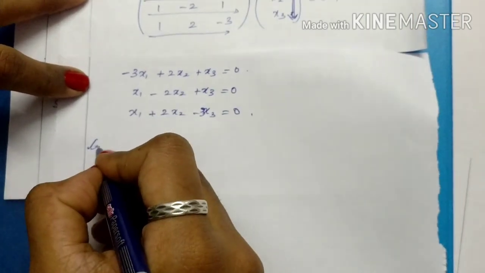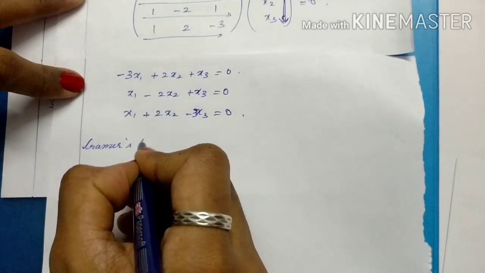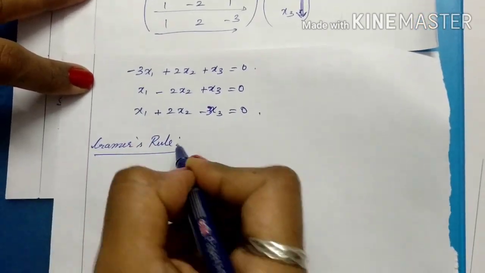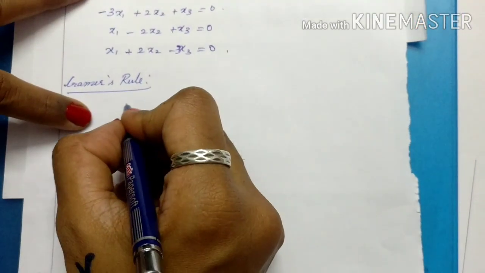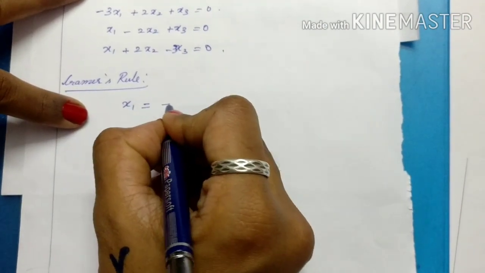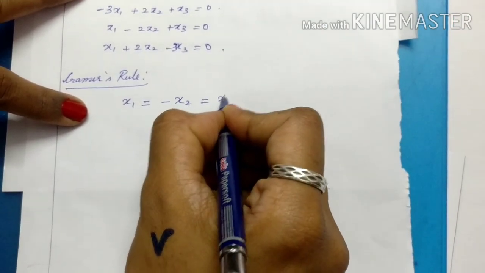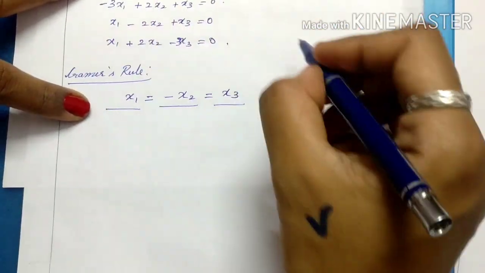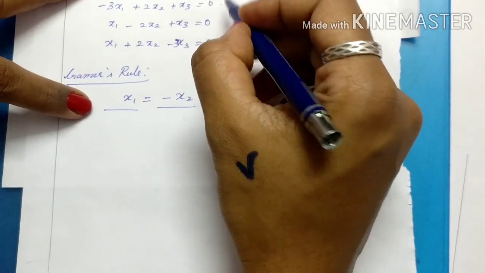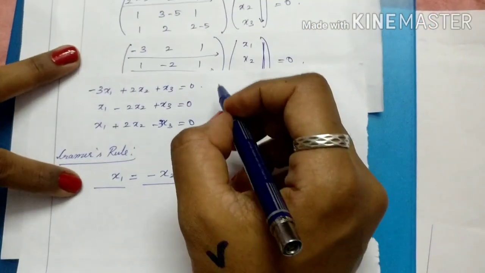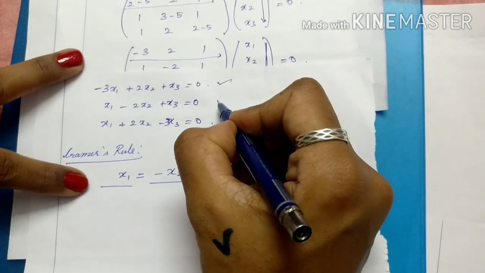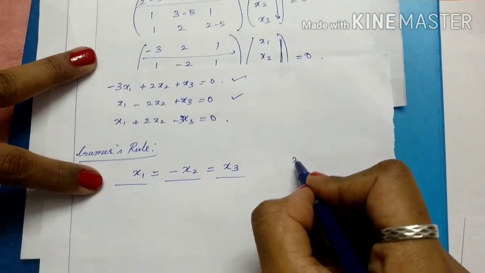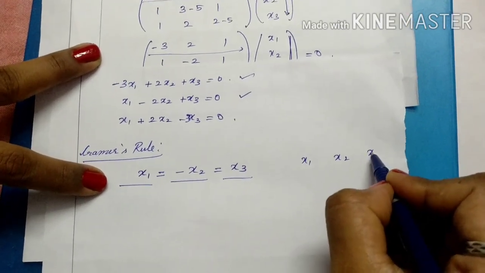The easiest way is Cramer's rule. So what you have to do is, we are going to write a proportion like x1 is equal to minus x2 is equal to x3. So denominators are going to be, just choose any two equations among the 3. So let me take the first and second equation. I have 3 unknowns, x1, x2, x3.